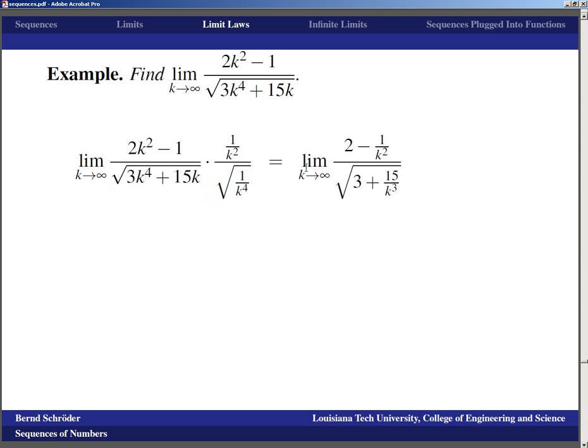If we now do the algebra, we get that this is the limit as k goes to infinity of 2 minus 1 over k squared divided by, and then here 3k to the fourth over k to the fourth gives us a 3, and 15k over k to the fourth gives us 15 over k cubed with the square root still in the expression. So that's the limit of 2, or that is 2 minus 0 divided by square root of 3 plus 0.